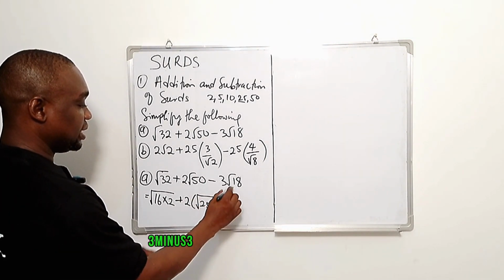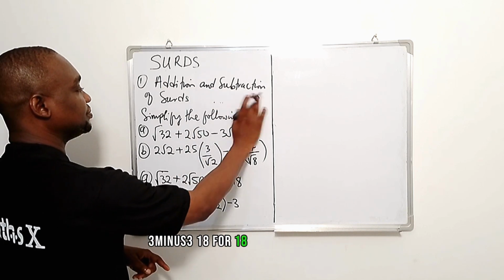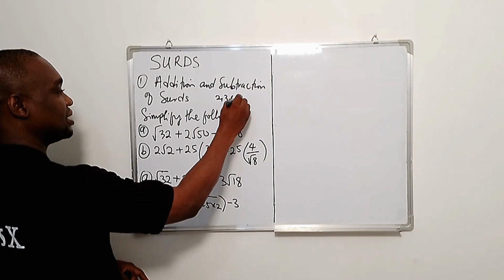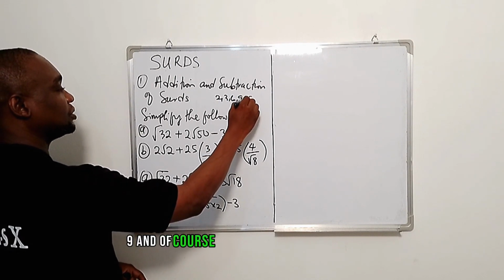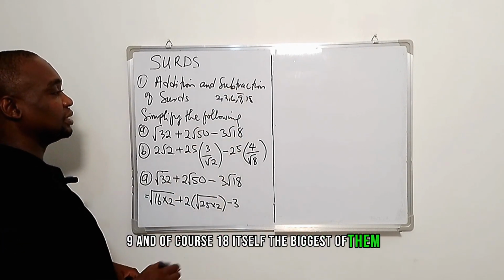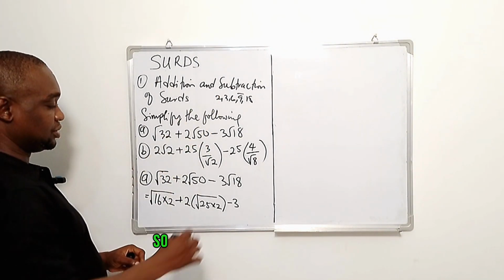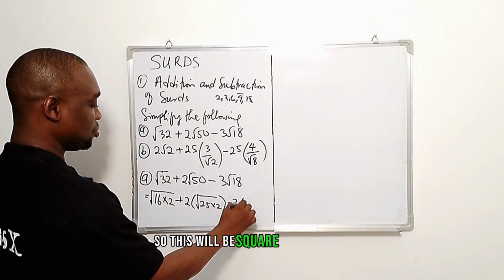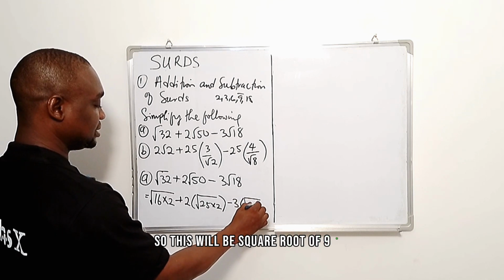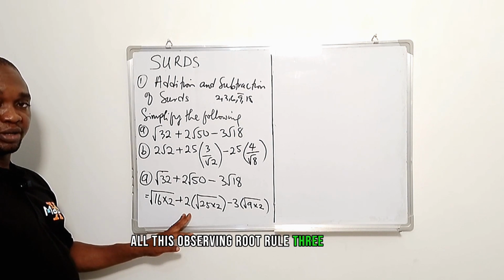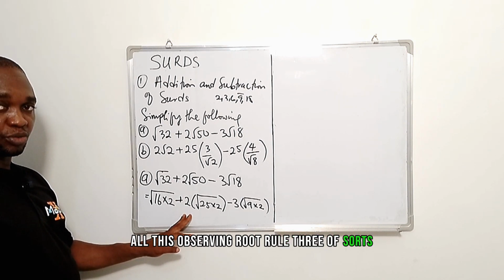Minus 3, 18. For 18, I'm looking at 2, 3, 6, 9, and of course 18 itself. The biggest of them that is a perfect square is 9. So this will be square root of 9 times 2. All this observing rule 3 of surds.